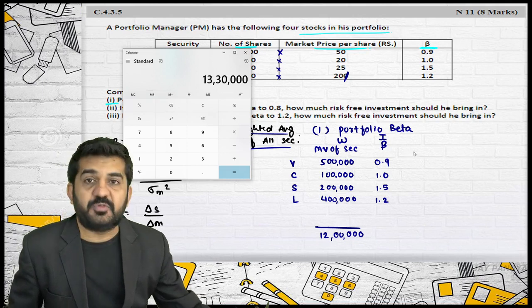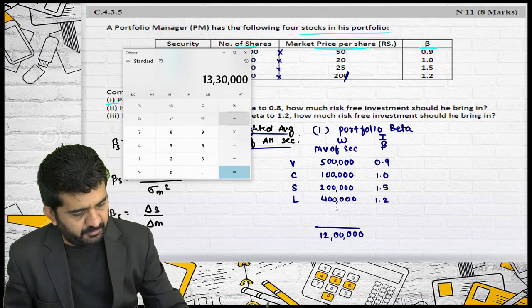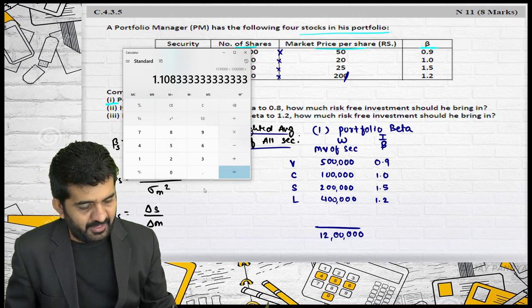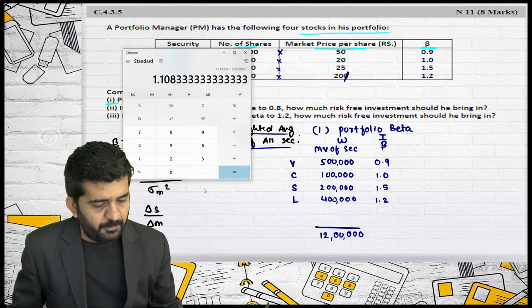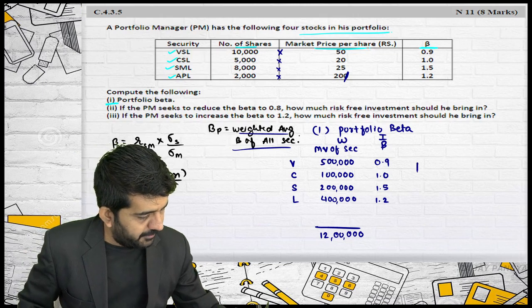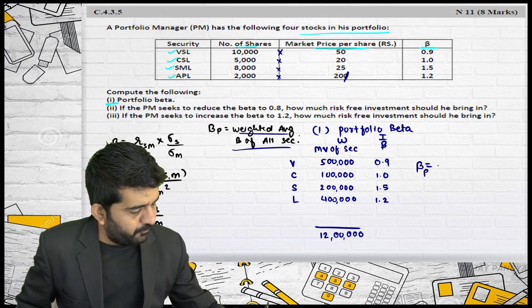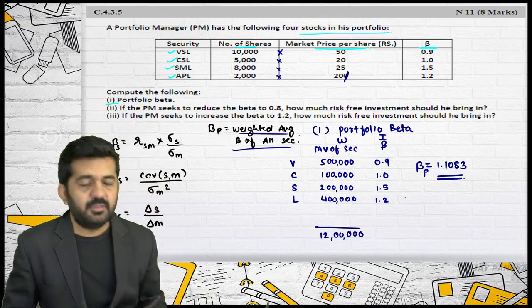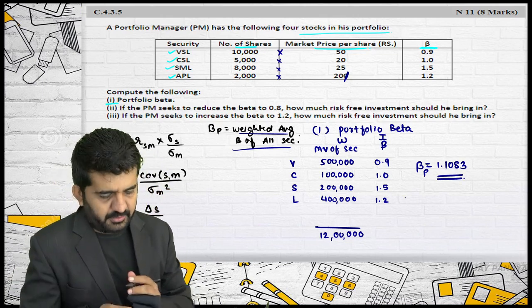MRC is total of sigma IW divided by sigma W, which is 12 lakhs divided by 12 lakhs. It is nothing but 1.1083. Beta of portfolio is 1.1083. This is my first answer.